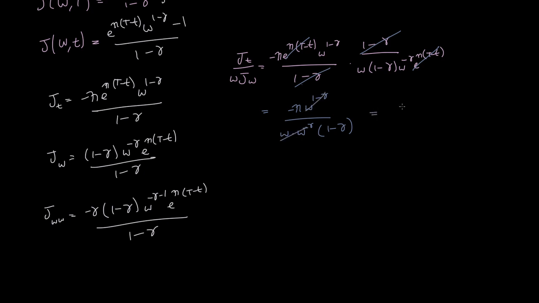We are left with minus eta over 1 minus gamma. That is equal to J_t over W J_W, given that our utility function has been chosen as the CRRA, and given that gamma does not equal 1.